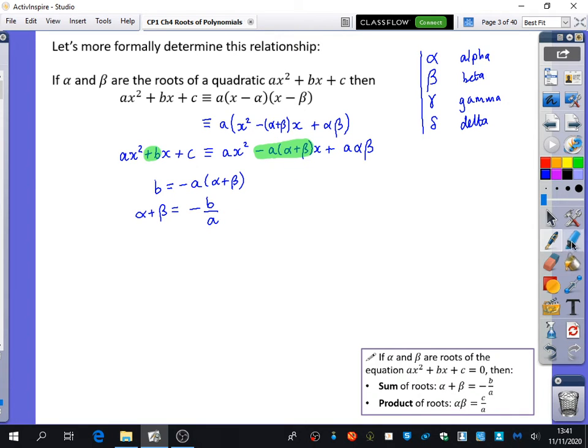And then for the second part, if I compare the constant term, I get that c must be equal to a alpha beta. So c equals a alpha beta. In other words, alpha beta is equal to c over a.